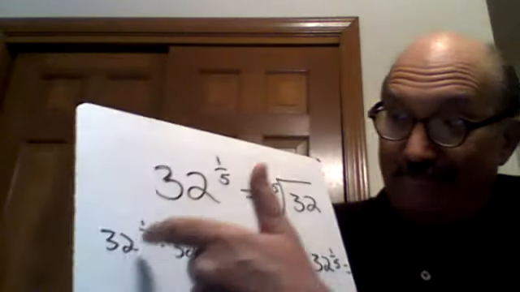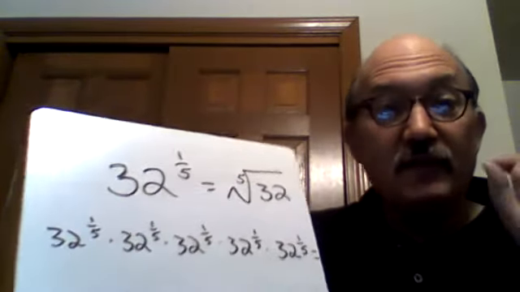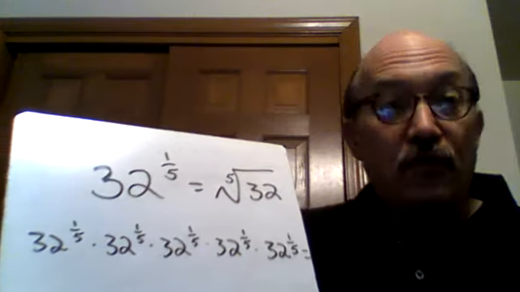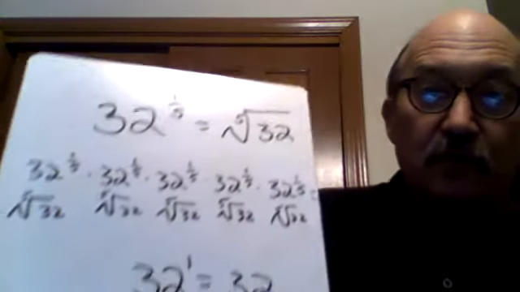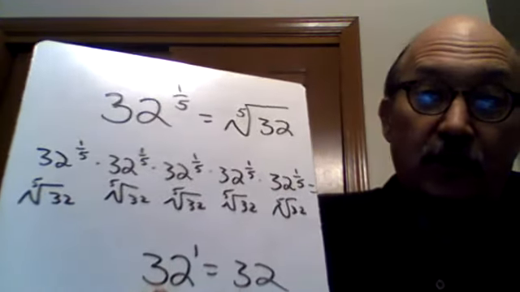So that 32 to the 1/5 is exactly what the 5th root of 32 is. We substitute here the 5th root of 32 for each of these. And when you multiply 5 fifth roots of 32 together, by definition, that's 32.